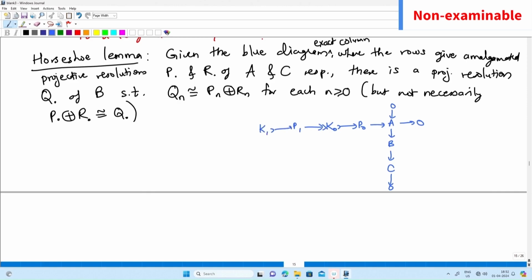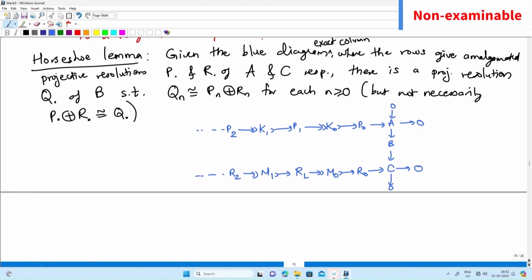Then we have K1, then P2, there is a surjection, and so on. Then the same thing over here: here I have R2, then M1, then R1, M0, R0, and 0 and so on.